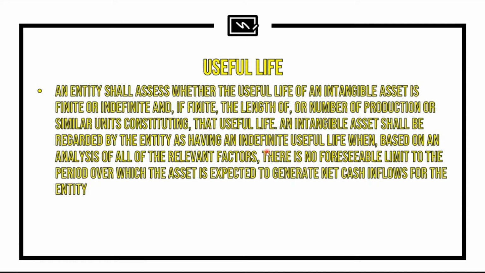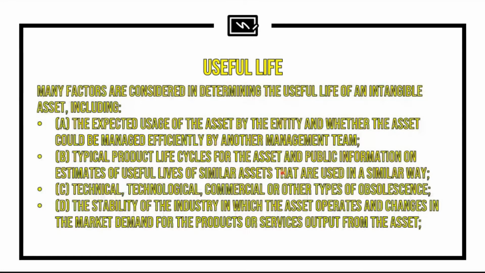Okay? Those are two different concepts. So in the case of assets with indefinite useful life, since there is no theoretical limit, we do not know how long we can use the asset for the foreseeable future, then we're going to test it for impairment at least annually.